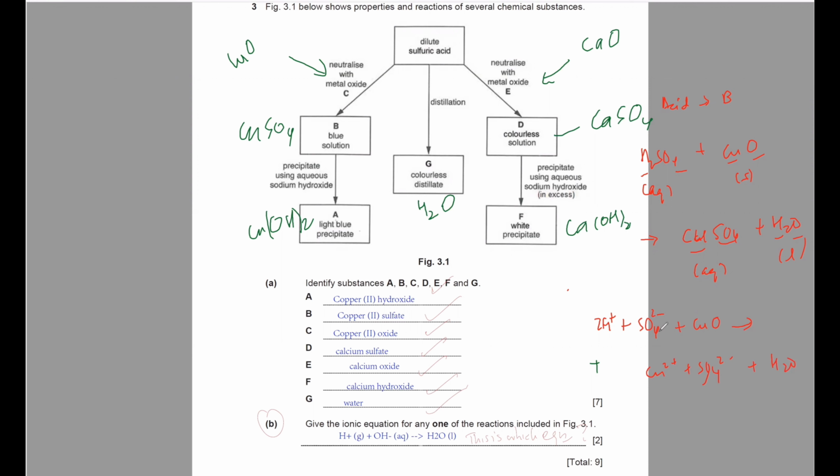So this cancels out with this, so it becomes 2H+ plus CuO gives you Cu2+ plus H2O. Because it's an ionic equation, you need to put in the state symbols. So I believe from acid to E, it will be a similar reaction with acid to B. So I shall not write the equation anymore.